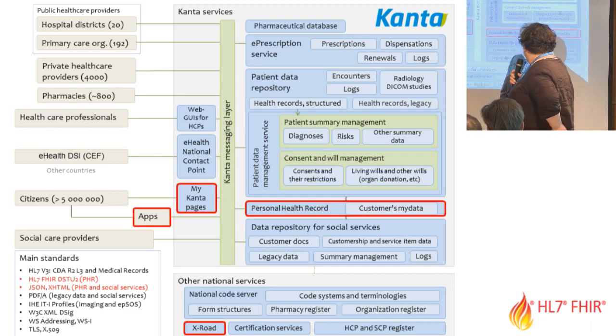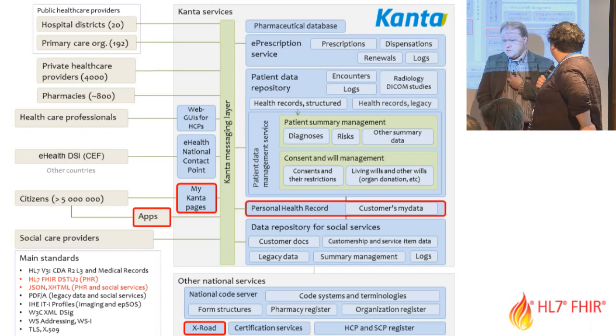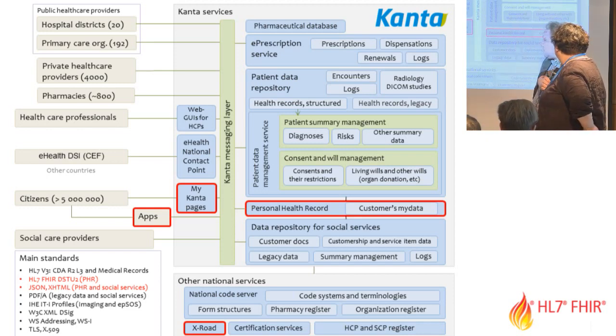Yeah, the question was about the relationship of Kanta, of CDA and FHIR in Kanta services. And the current first versions of the national PHR will be mainly based on the FHIR interfaces. And if and when there will be access to the clinical documentation, the official healthcare documentation, there are the CDA interfaces you can already use.